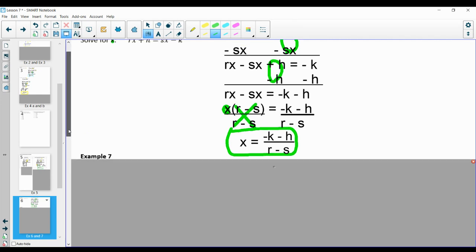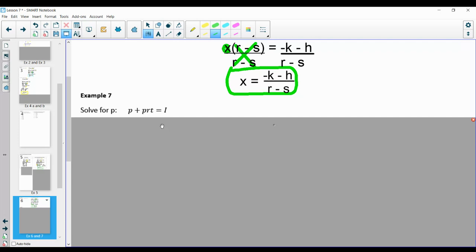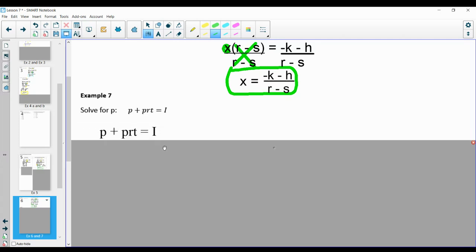One more example. Let's look at example 7. Example 7 is asking me to solve for p. Now, if you notice, I already have the p terms on one side of the equation, which is awesome. But if you also notice, I now want to get the p by itself.